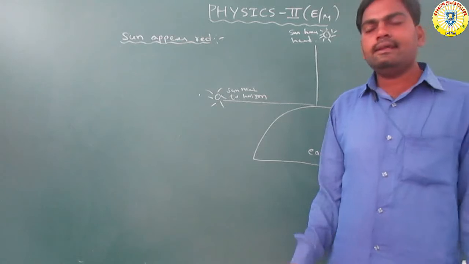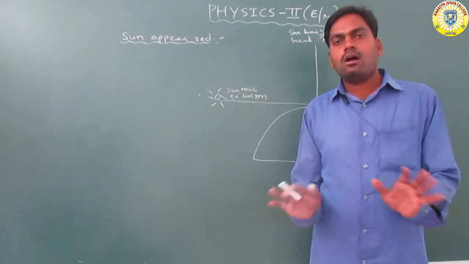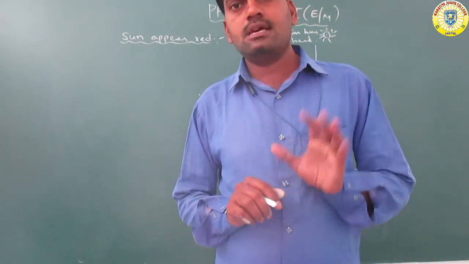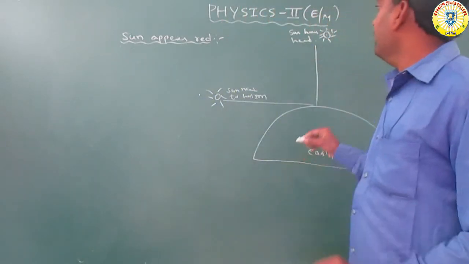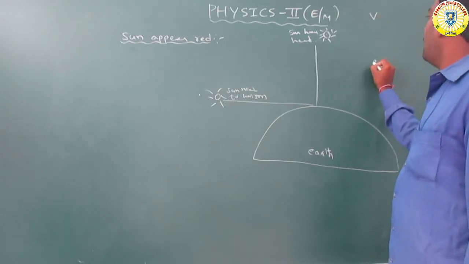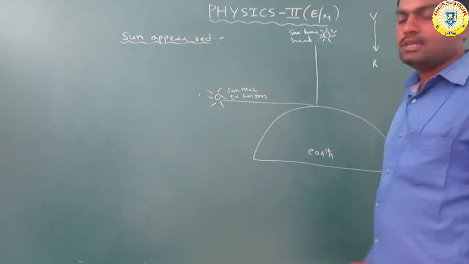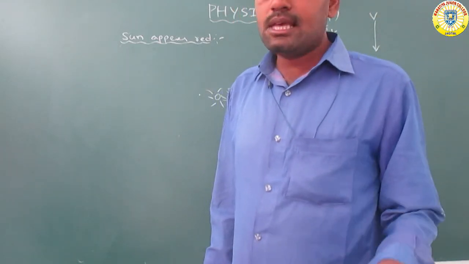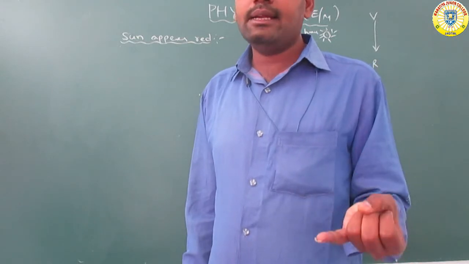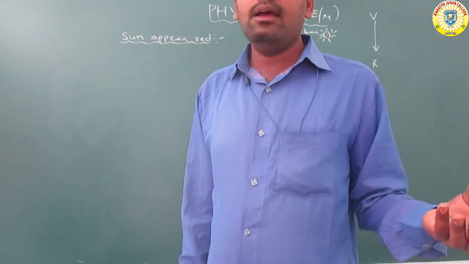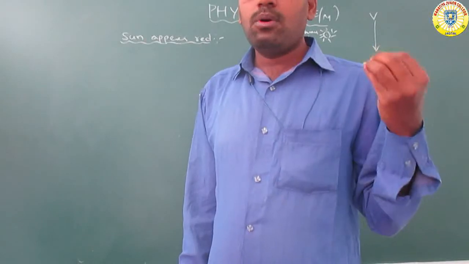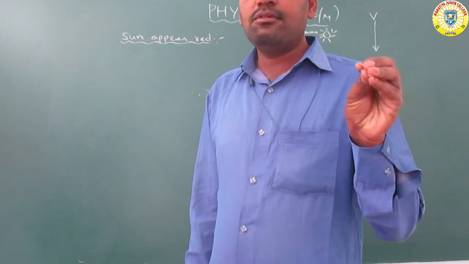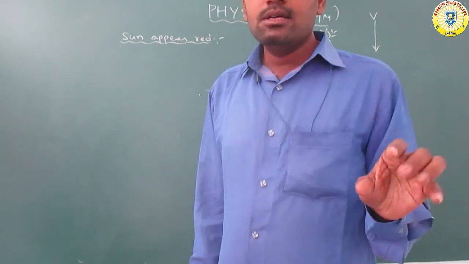White light consists of seven colors, called VIBGYOR: violet, indigo, blue, green, yellow, orange, red.